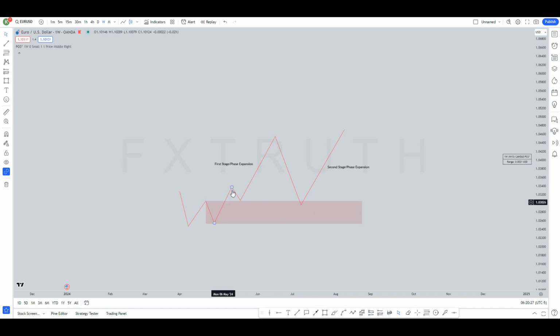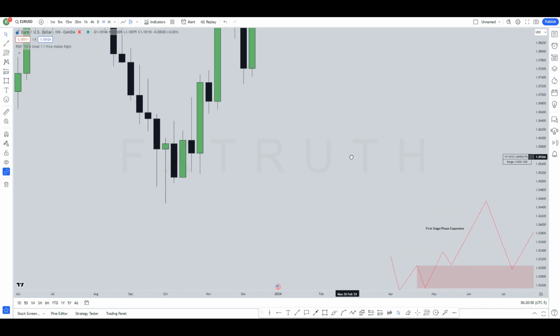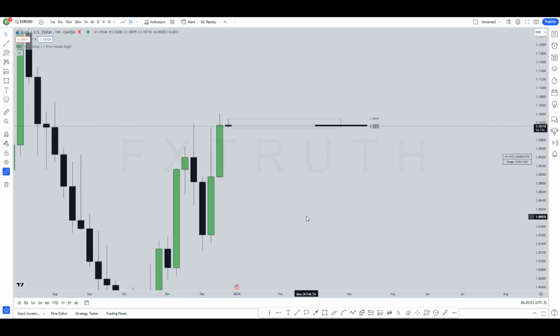You are not looking to catch this first stage expansion, because it is giving you the direction that price is going to take after you've already identified your underlying narrative of price. All you're waiting for is for price to retrace so you can engage price in the second phase or second stage expansion. Let's bring the charts closer and see what I'm trying to explain.